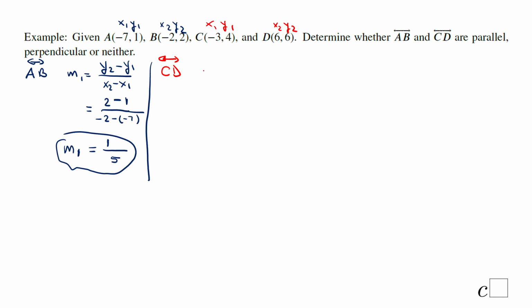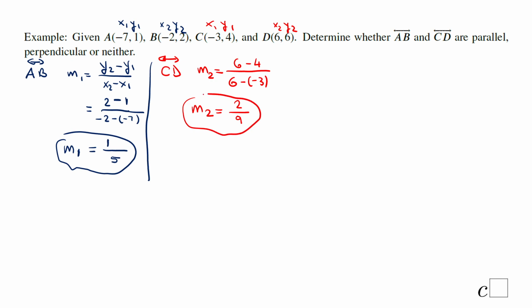So the slope of this line CD, which I call M2, will be 6 minus 4 over 6 minus negative 3. So that will be 6 minus 4, that will be 2. 6 minus negative 3, that will be 9. So this is the slope of the second line.